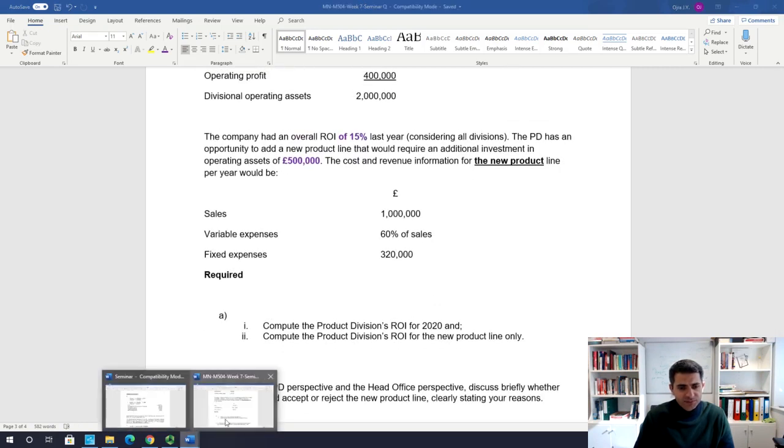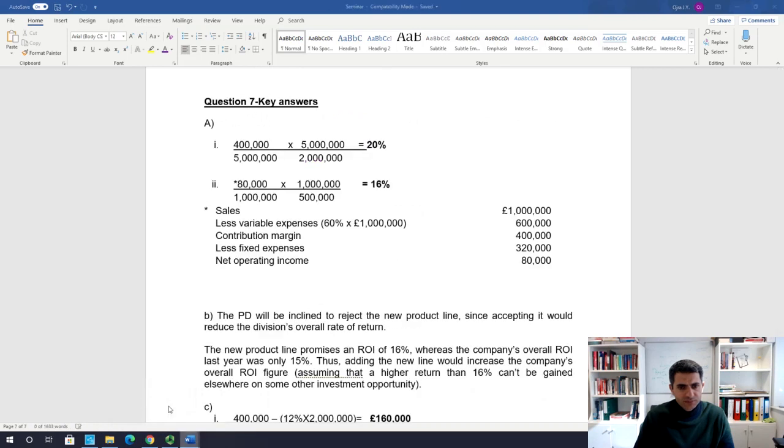This is the way we calculate it, guys. Then you divide 80,000 by the capital employed for the new product line, 500,000. So 16%. Okay, here we go.